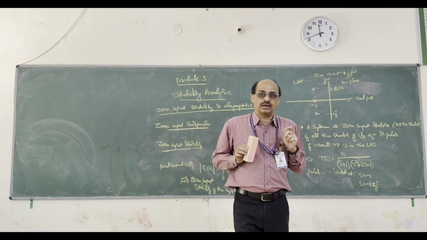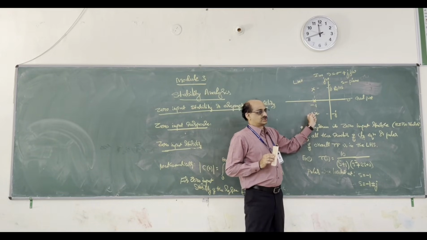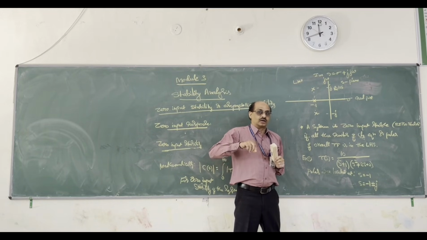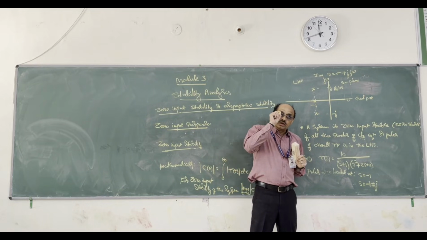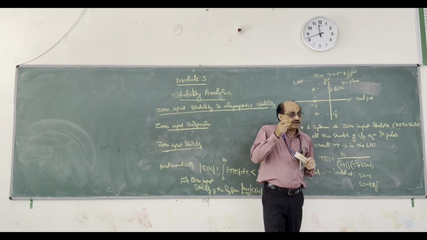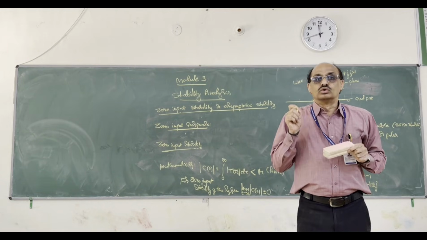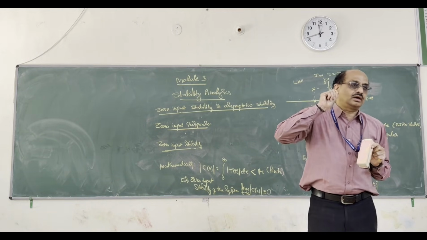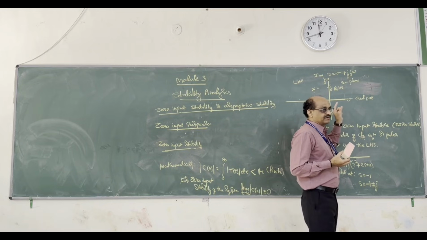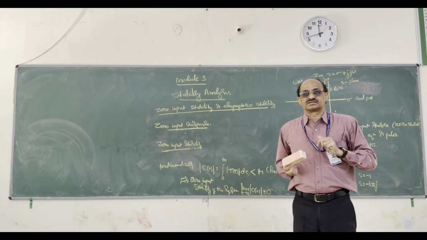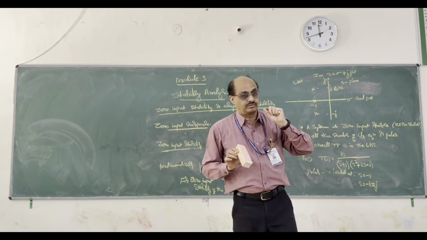So simply by locating the poles, we can say, or conversely, if any one of the roots or poles is in the right half of the s plane, then the system is unstable. Any one. Okay?